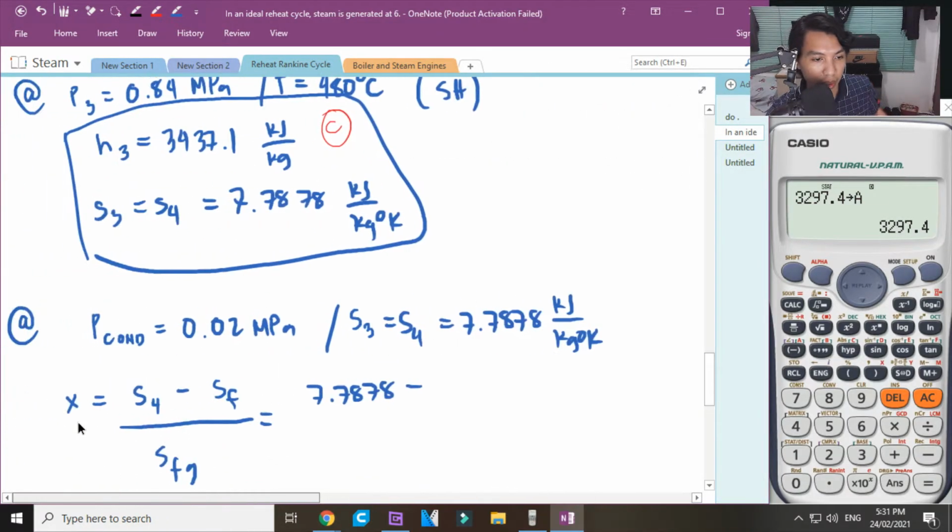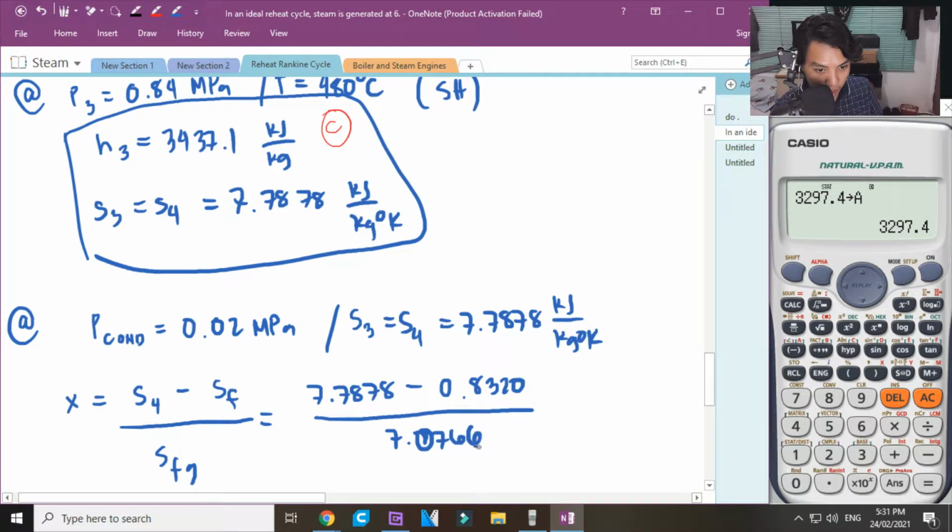Okay? Nakalagay dyan, 0.8320. My bad. 0.02 pala to. Nakalagay doon sa SFG niya is 7.0766.